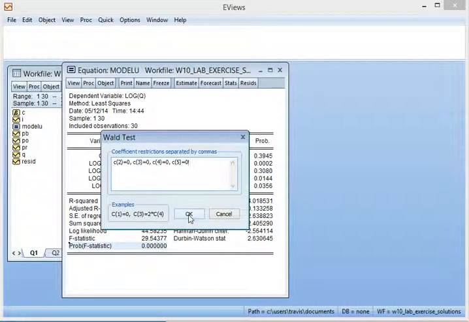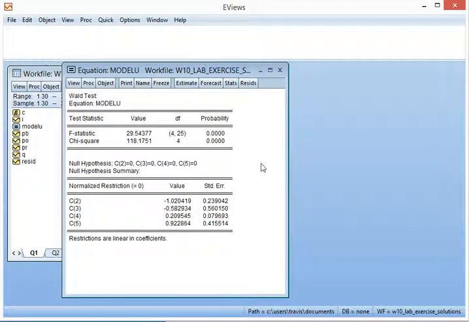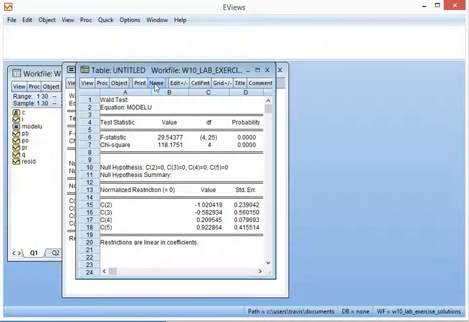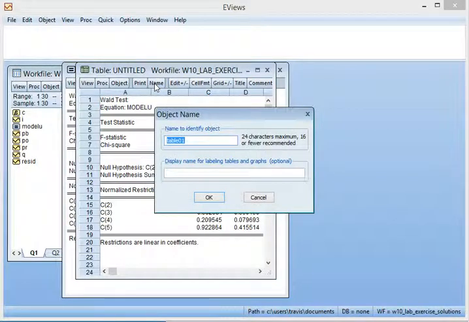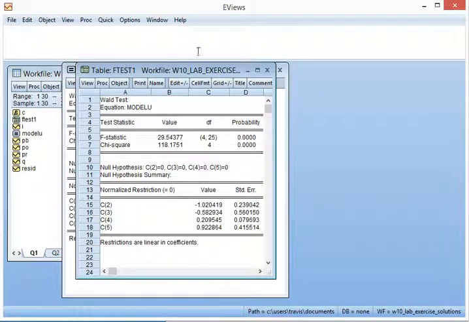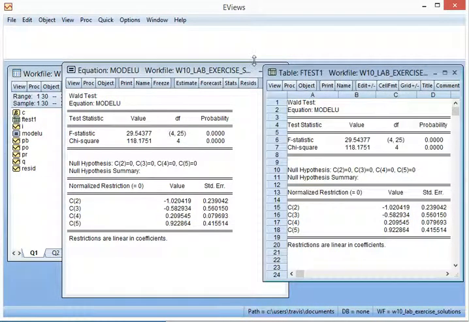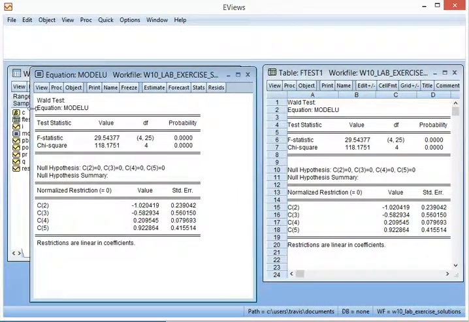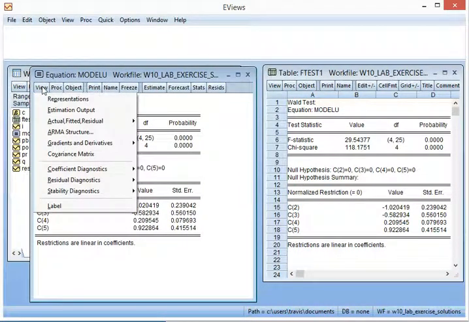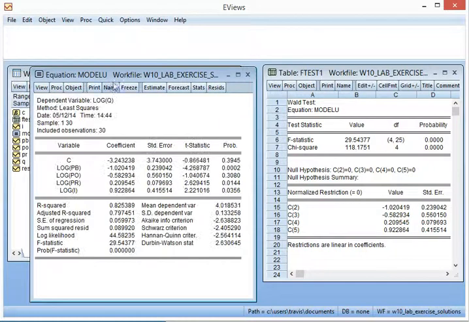I now ask eViews to run that hypothesis test. Here's the output. If I want to save this, I need to freeze it first and then give it a name. I'll just say F-test 1, because we're going to look at doing this F-test in a variety of ways. Now I'll go back to this equation and view the estimation output.